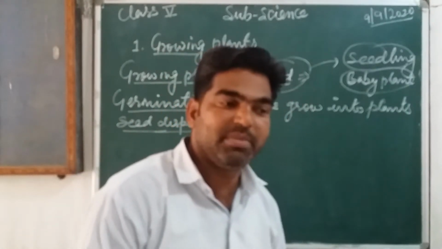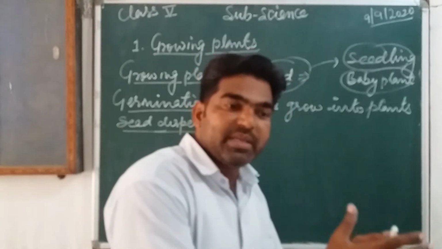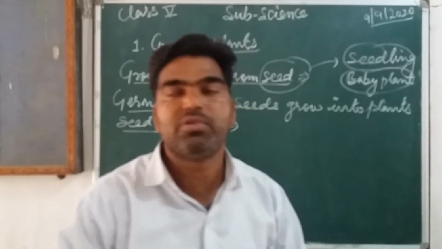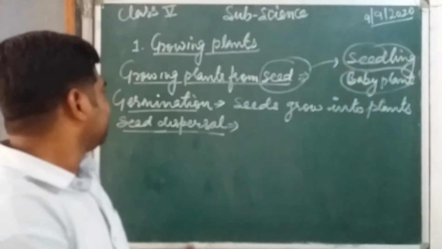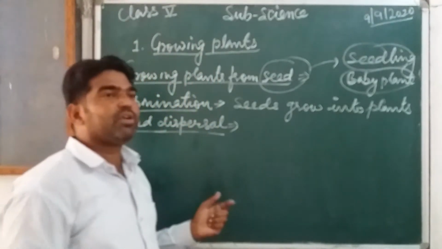So this process, in which seeds scatter from the original place to different places, is called the dispersal of a seed. Dispersal of seed means what? A scattering of seeds.